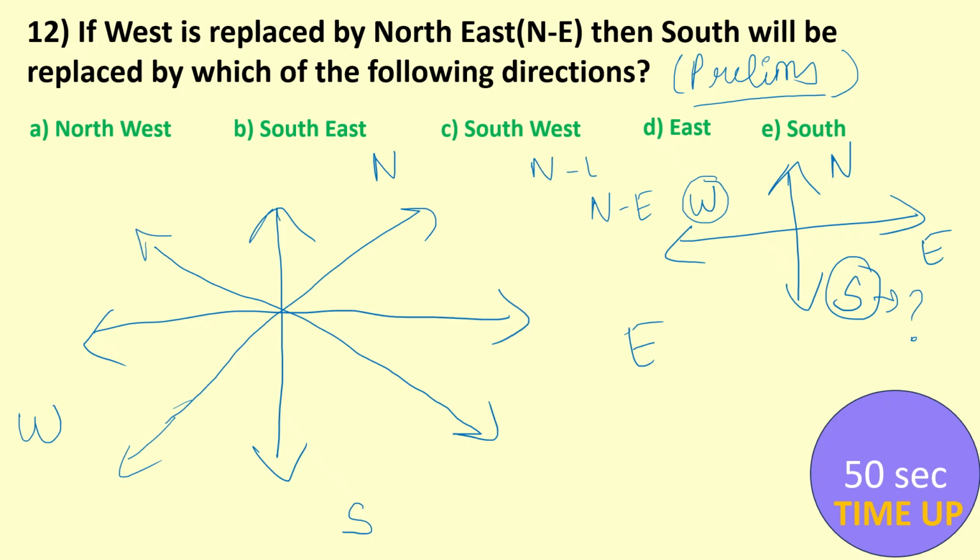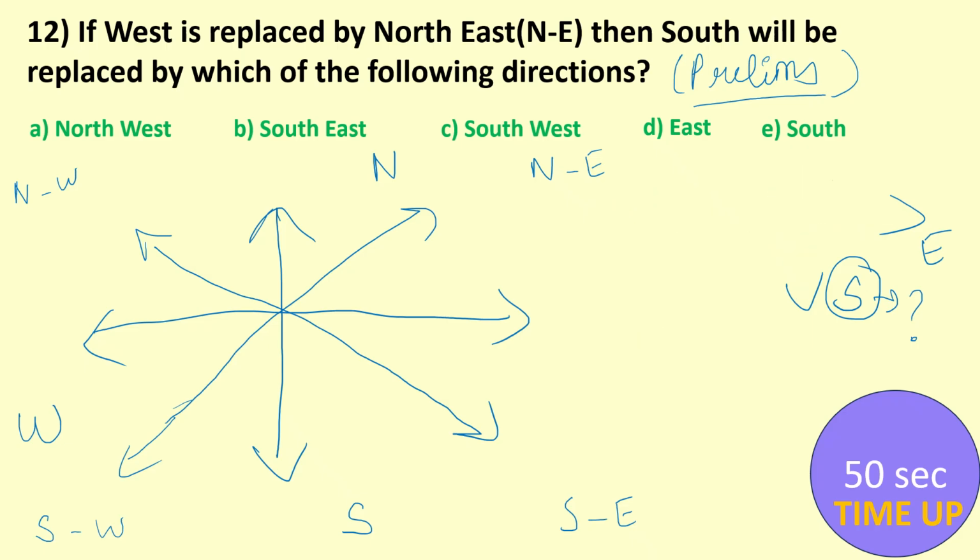This is your northeast, then this will be your northwest, this will be your southwest, and this will be your southeast, correct? So this is your normal direction that you draw. But in the question what they've asked is if west is replaced by northeast. Now if I consider west is this, so if I place northeast here in place of west, then south will be of what direction here? They have asked.